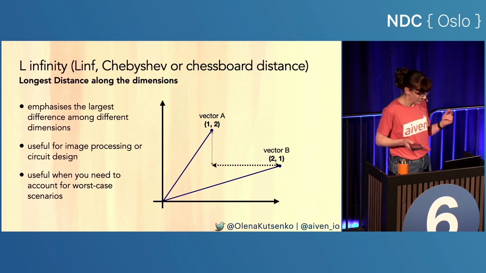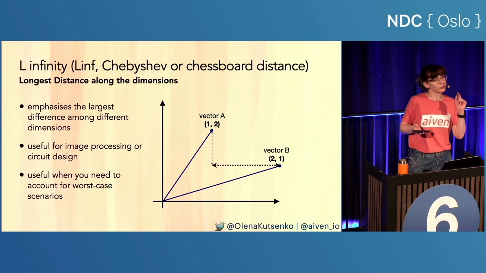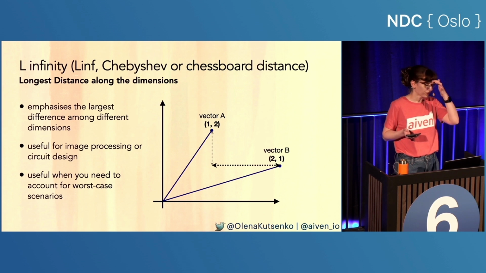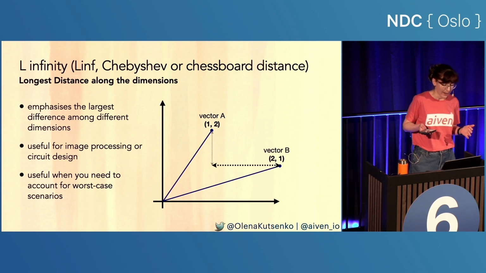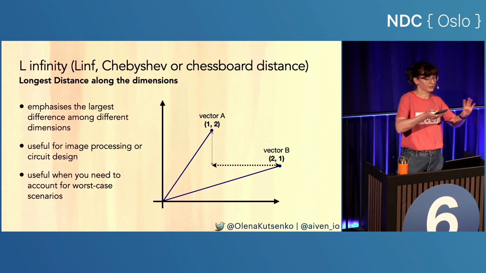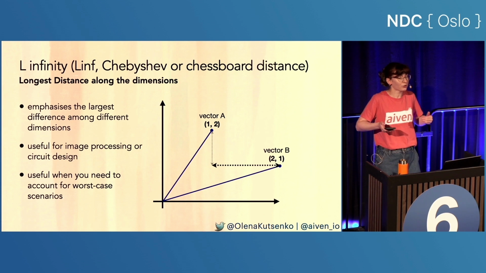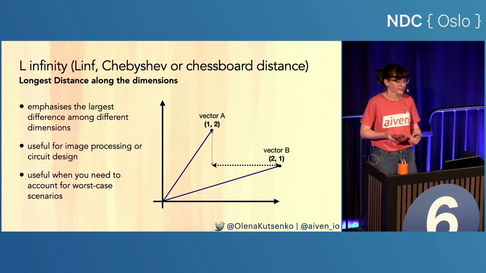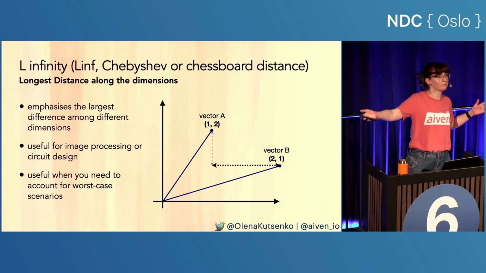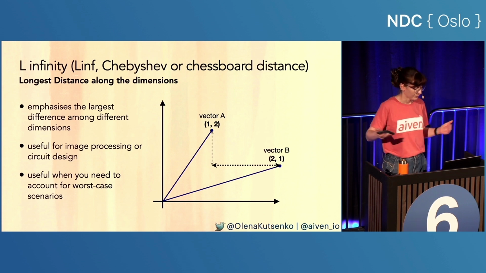And then connected to that, we have L infinity, which is also not as frequently used, but it's quite interesting because it measures the maximum absolute distance between the coordinates, across different dimensions. So it looks for worst-case scenarios: which dimension gives me the biggest distance between those values?